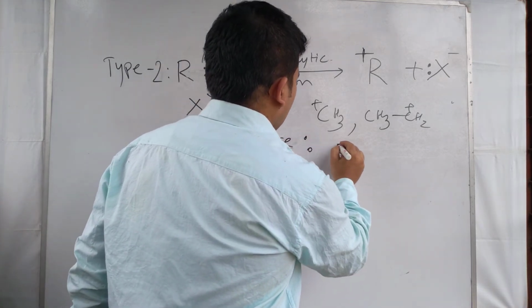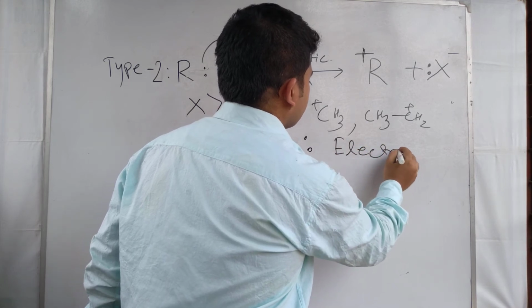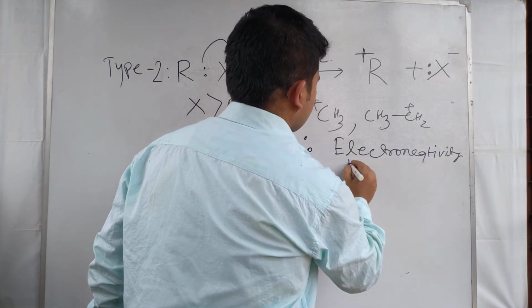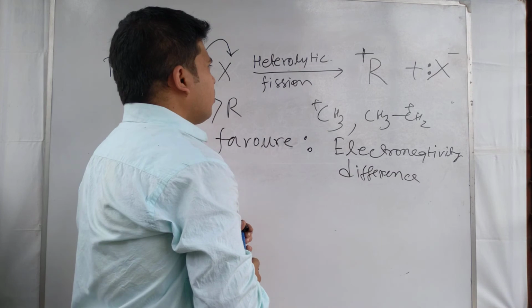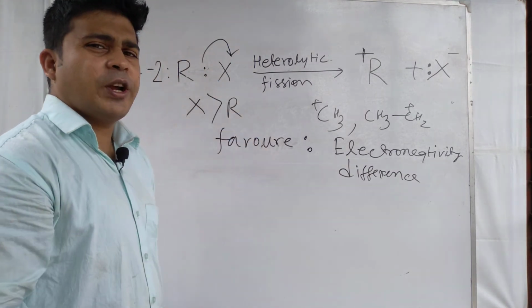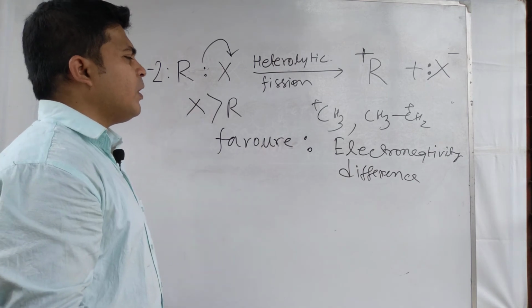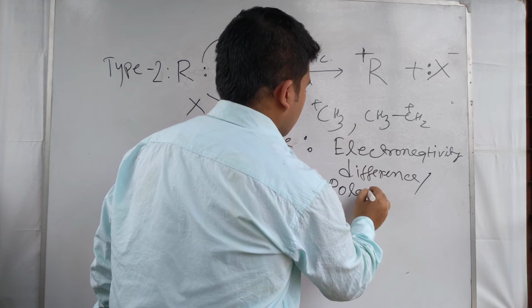This type of bond fission, heterolytic bond fission, is favored by electronegativity difference. If the two atoms have an electronegativity difference, then this heterolytic fission is favored, and it is favored in polar medium.